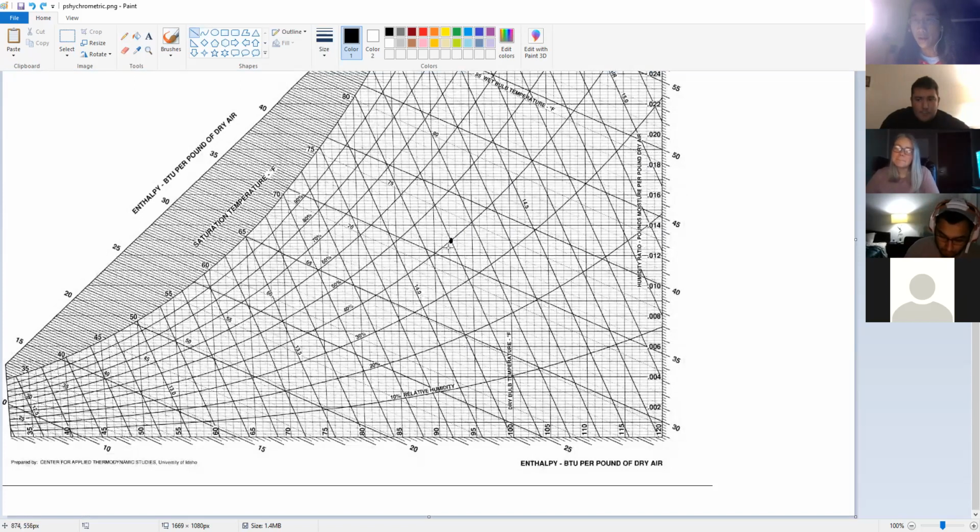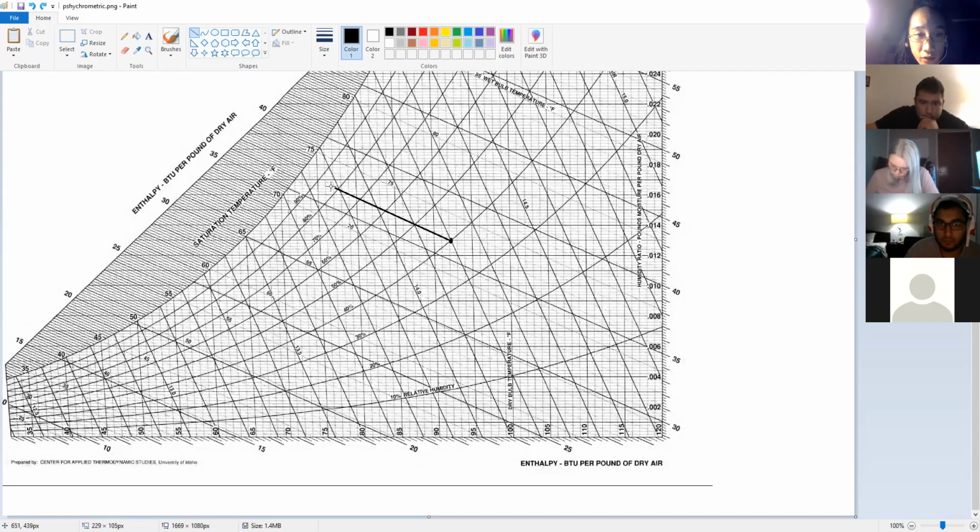Wet bulb. If you cool down a thermometer using water, the water will evaporate into the air and allow the thermometer to cool down. Water evaporates, thermometer cools down. So you add humidity by going up, and you go left by cooling it down.